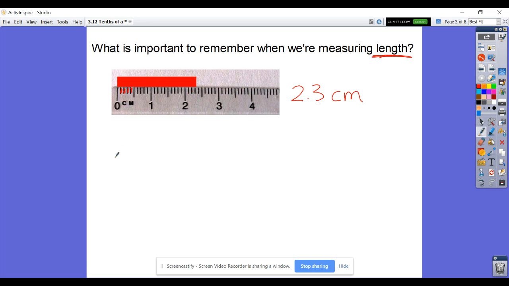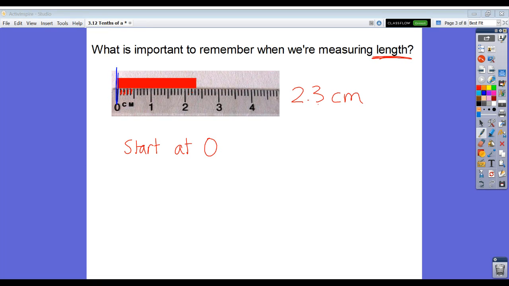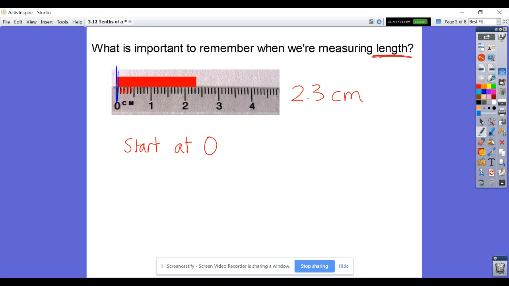Maybe you said that you needed to start at 0. I have to be sure that the line I'm measuring is lined up with the 0 point of centimeters. And then you want to put your ruler flat against the line.